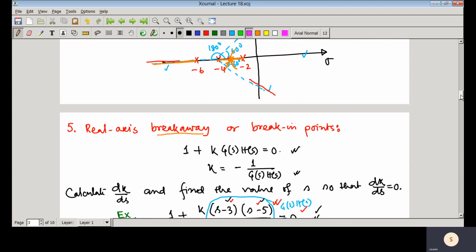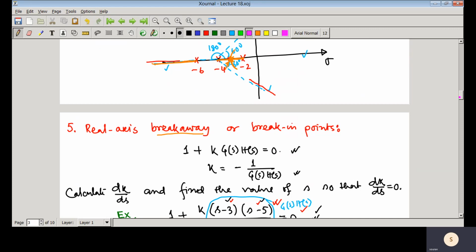And the fifth one is the real axis breakaway and break in point. That means there would be a value of k at which the closed loop poles will go away from the real axis.